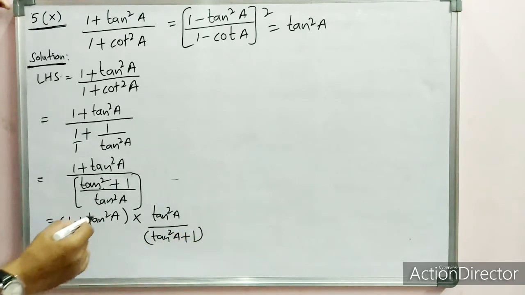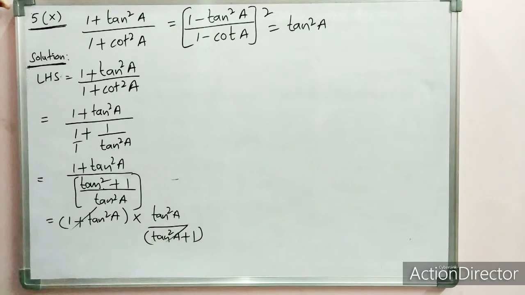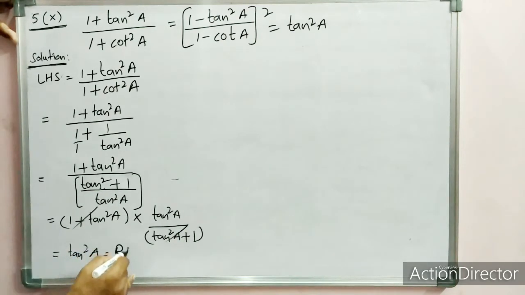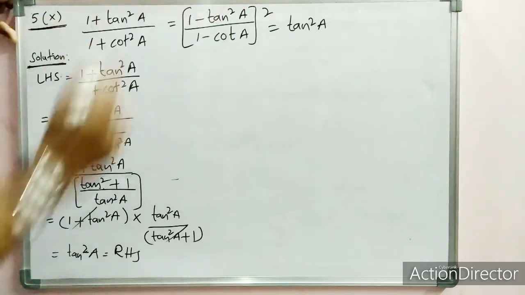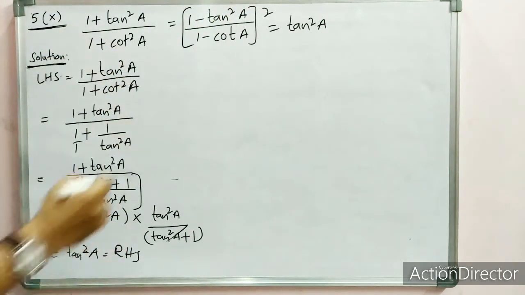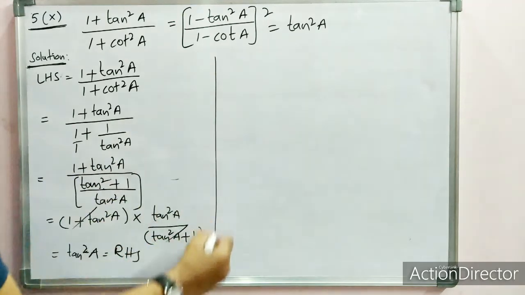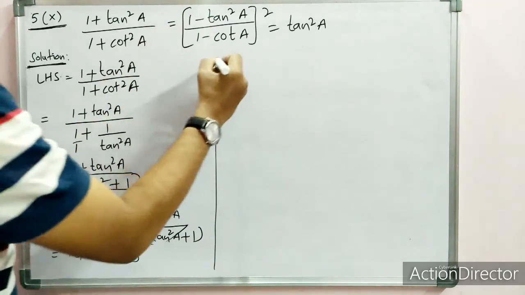You see, both are equal and you just cancel, and this is tan square A. So it is nothing but RHS. So this is the first part of LHS. Then the second part, another LHS part 2.